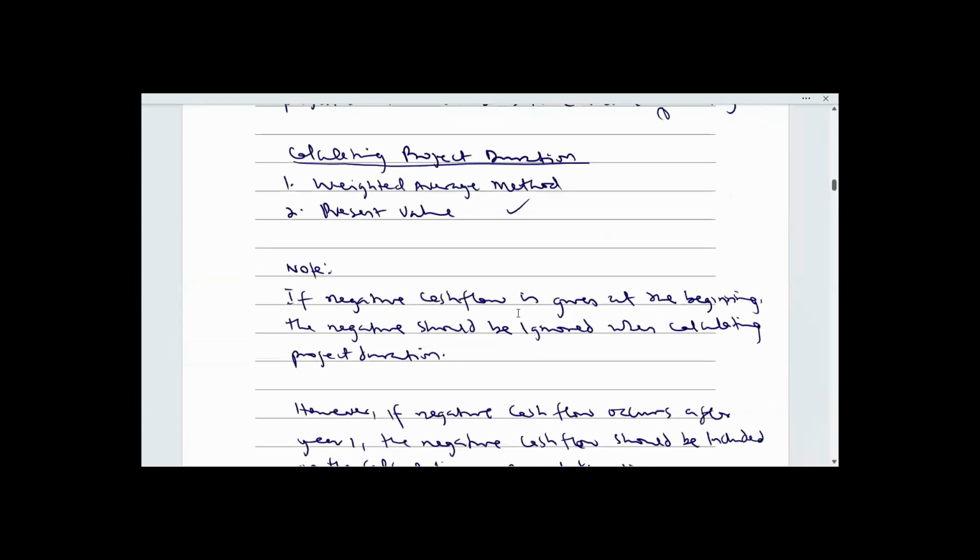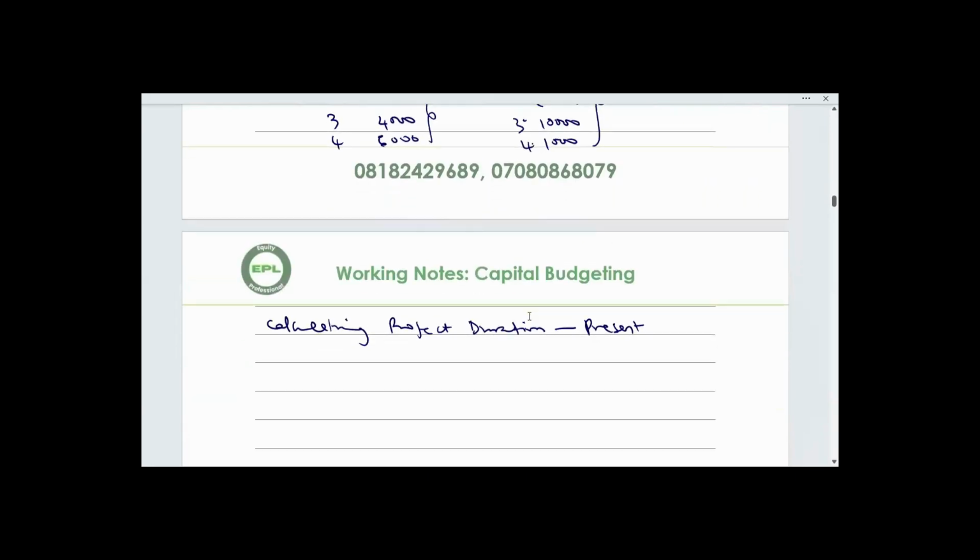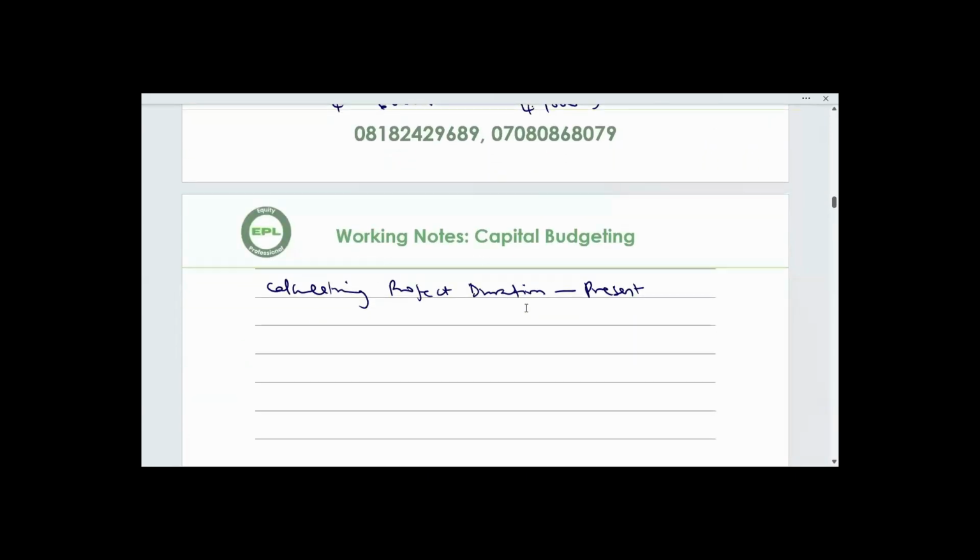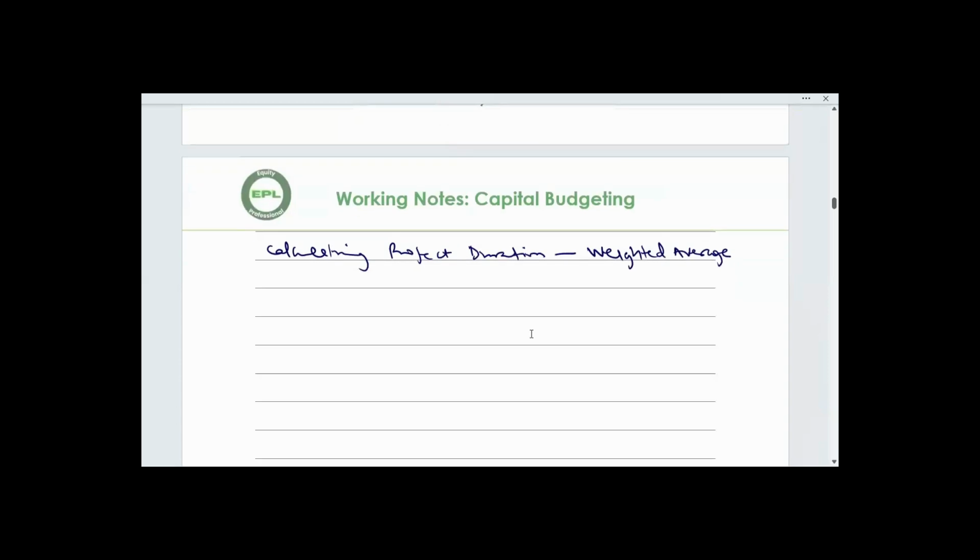I mentioned weighted average. So let's start with weighted average. Using the weighted average method, when you want to use it, you are going to create about 5 columns to do that.